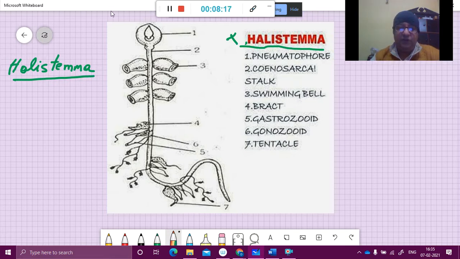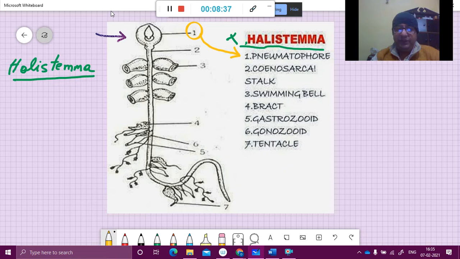So the first form, you can see it over here. This number 1 is known as the pneumatophore. This is a polymorphic form.